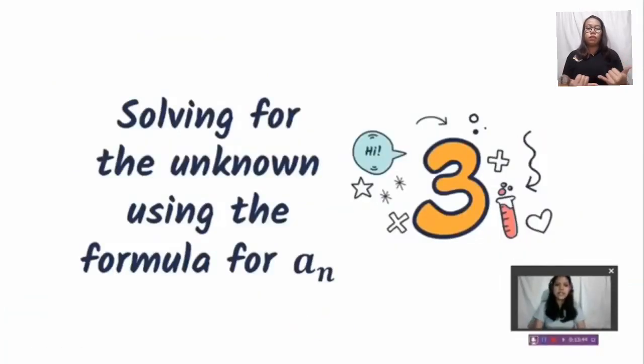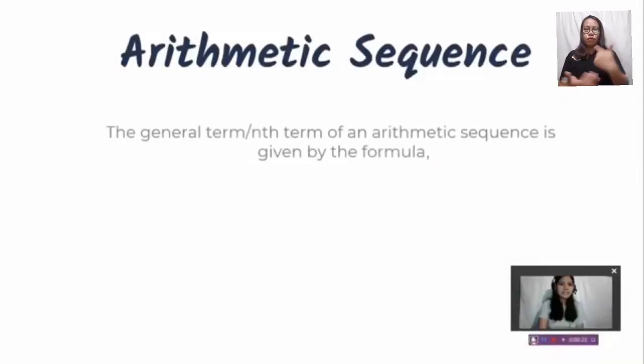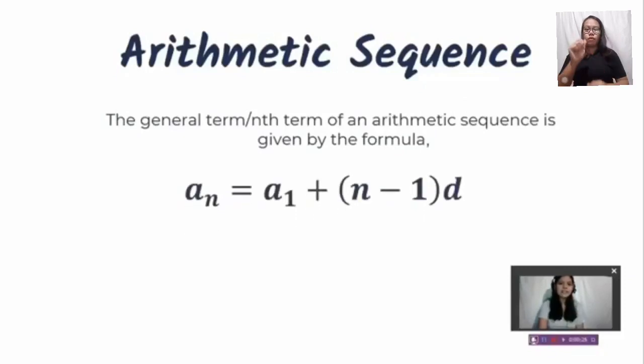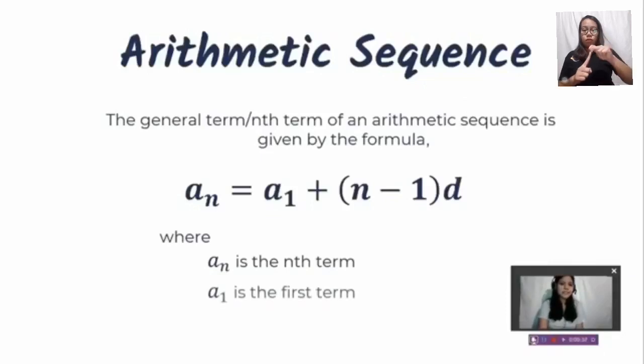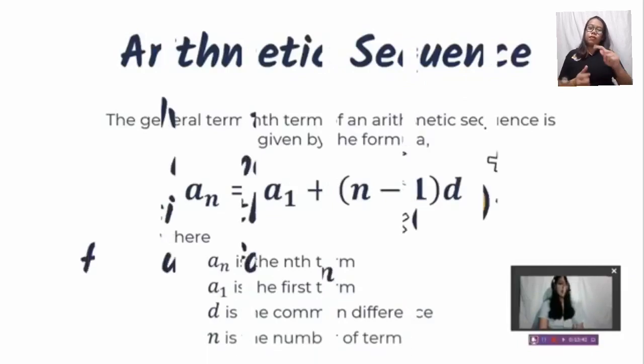Solving for the unknown using the formula for a sub n. In arithmetic sequence, the general term is given by the formula a sub n is equal to a sub 1 plus the quantity n minus 1 times d, where a sub n is the nth term, a sub 1 is the first term, d is the common difference, and n is the number of terms.